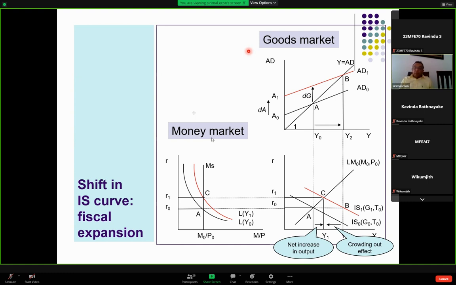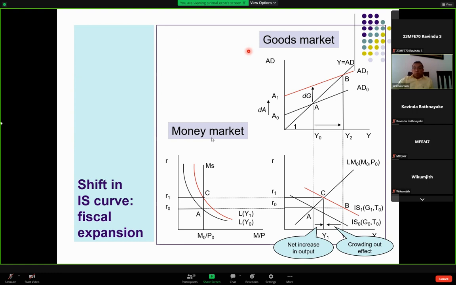But however, the slope of the IS also determines the crowding out effect. Slope of the IS also affects the size of crowding out effect. Let me explain that part. For example, I will use again blue color.